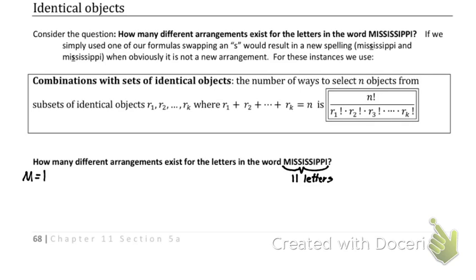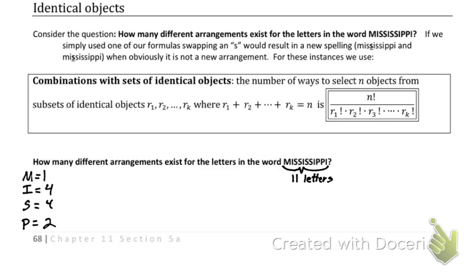There's one M. Go to your next letter. How many I's are there? There are 1, 2, 3, 4 I's. How many S's are there? We have 1, 2, 3, 4 S's. And how many P's are there? There are 2 P's. That is 4 plus 4 plus 2 plus 1 equals 11. These are, in fact, your R values.